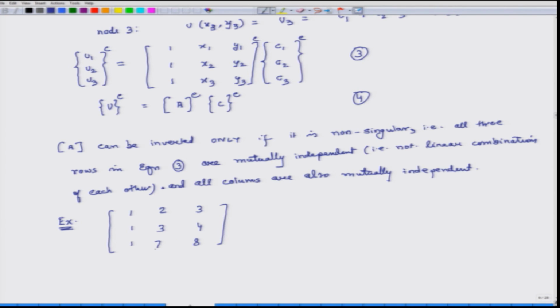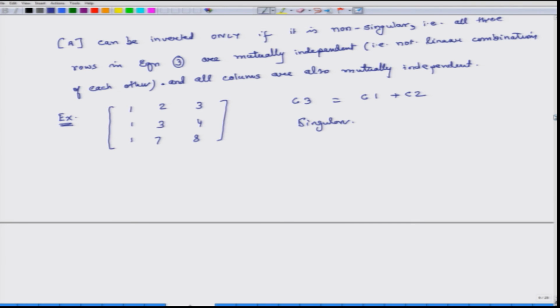Are these linearly independent equations? See here, column 3 equals column 1 plus column 2, so this is a singular matrix. If it is a singular matrix, when I try to invert it, its determinant will be 0. So, I will not get a valid solution, or I will not get a solution.